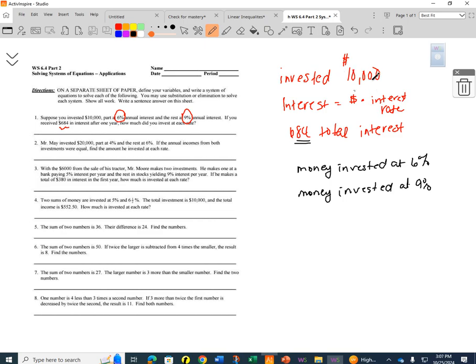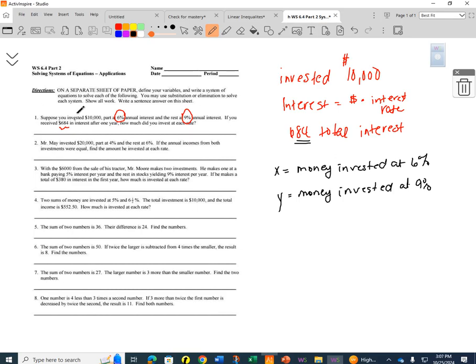And we know that they invested 2 different pots of money at the beginning, but they equal $10,000. So we're going to say X is the money invested at 6%, Y is the money invested at 9%.